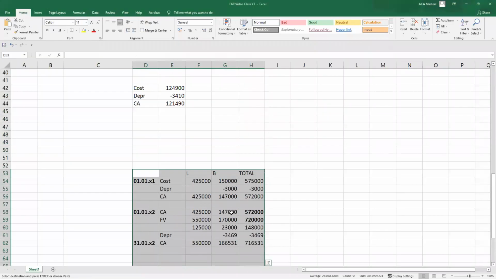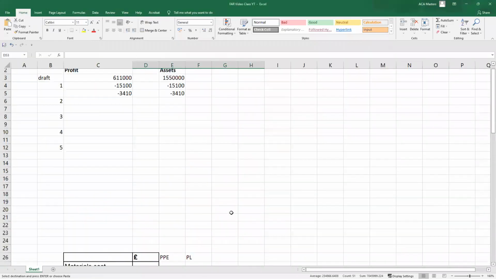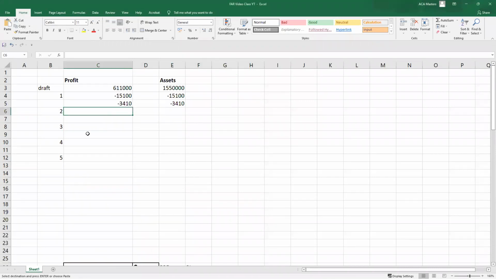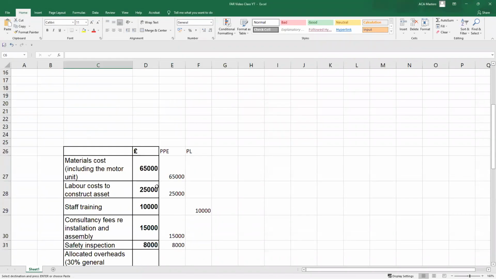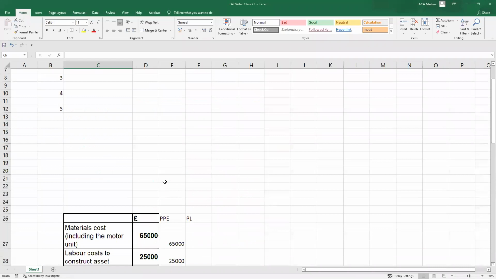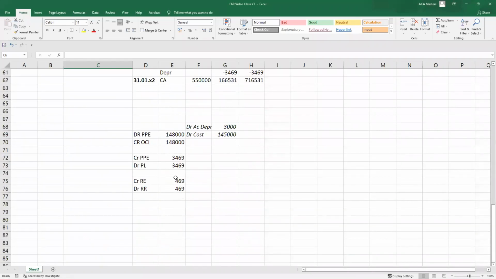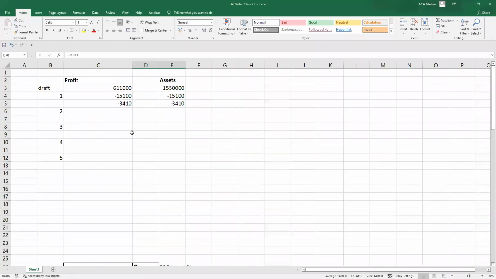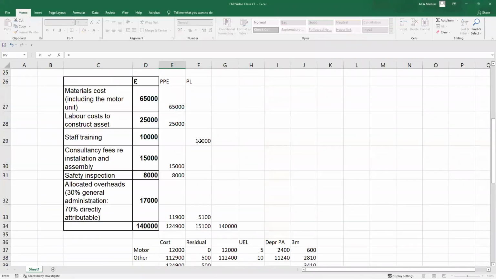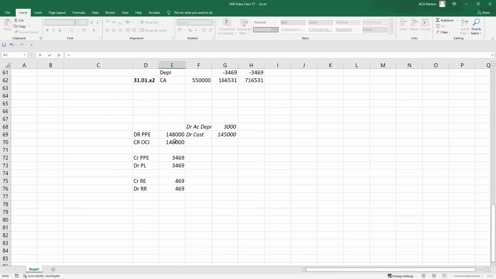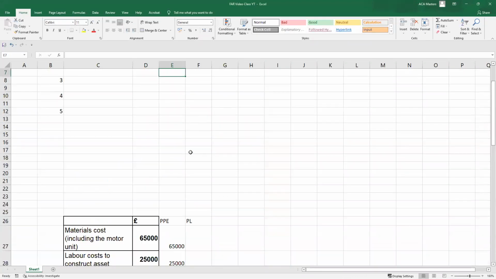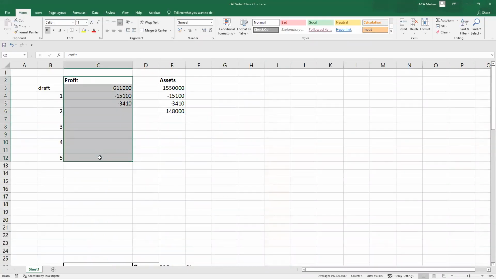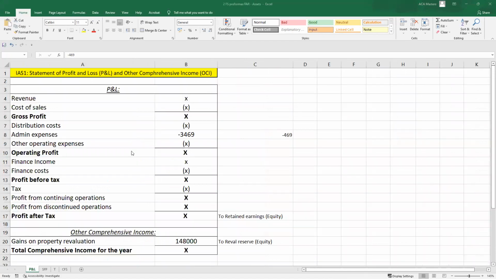So then, as we did with the previous question, we can think about what impact this would have. So if we take it one at a time, obviously, the first thing that happens is there's the revaluation. So that increases PPE, but the credit goes through OCI. So therefore, assets have gone up, but the credit's gone through other comprehensive income. So that isn't going to impact because we're just showing profit for the year, and that's profit in the P&L.